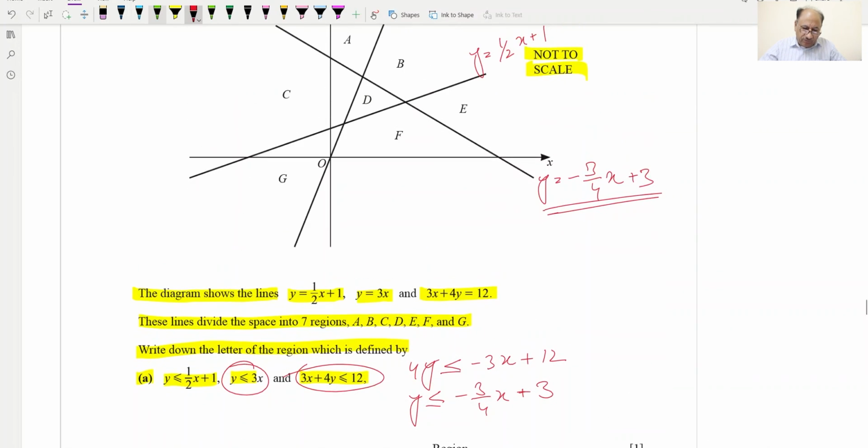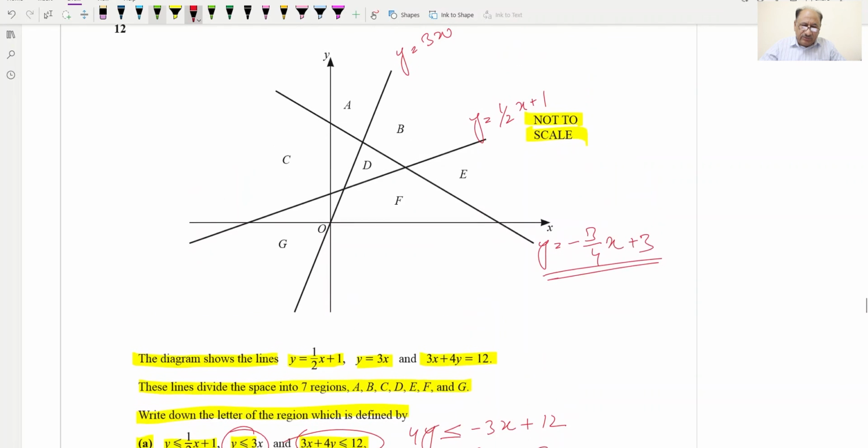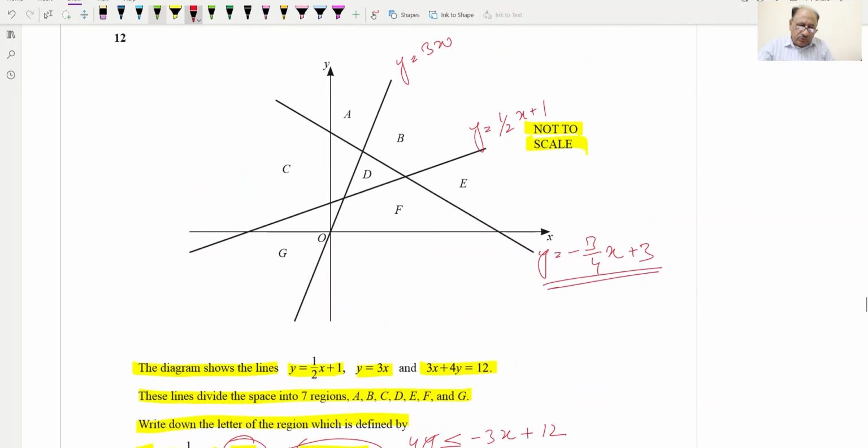Now we have to identify the region. For y less than 3x, the greater than region is not required. So we will shade the part which is greater than this line, the upper portion, which is not required.